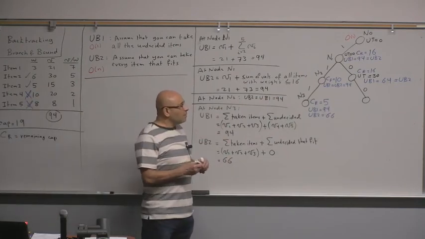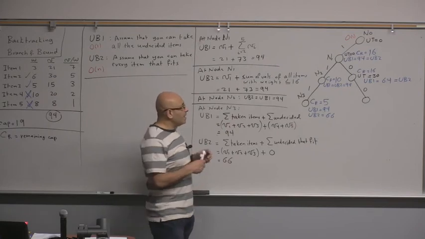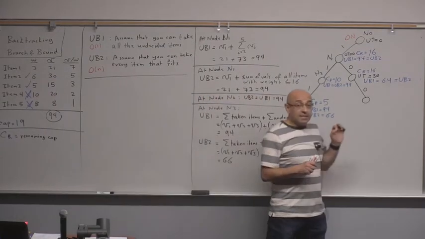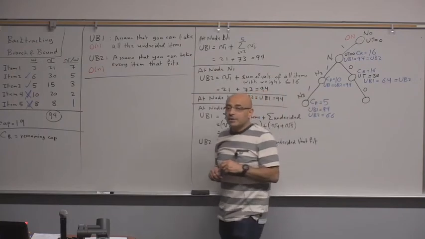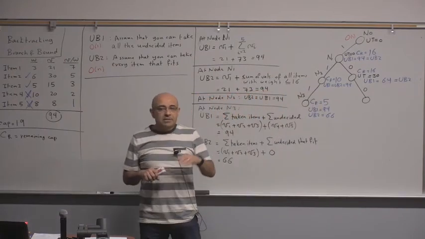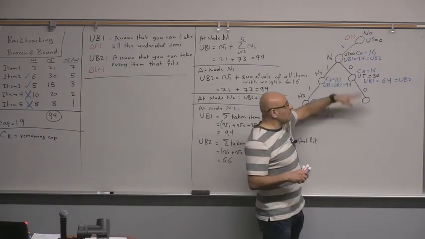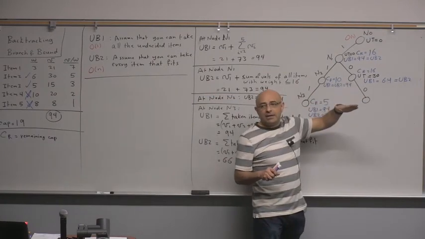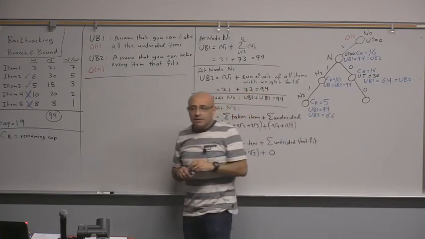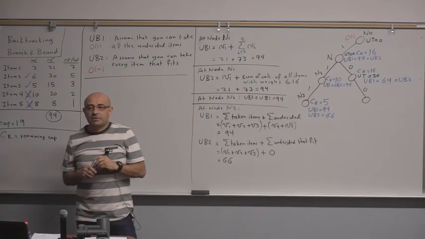So upper bound 1 will still make a significant difference relative to brute force. Because at some point, when you decide not to take items, even if you take all the remaining items, you're not going to beat the best solution found so far.